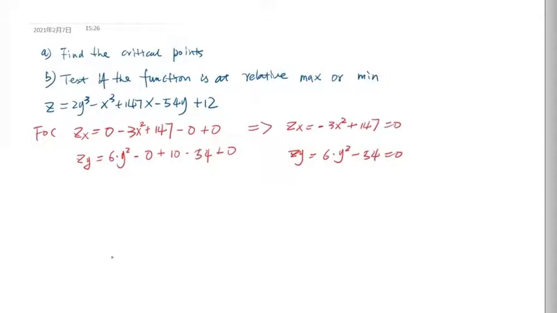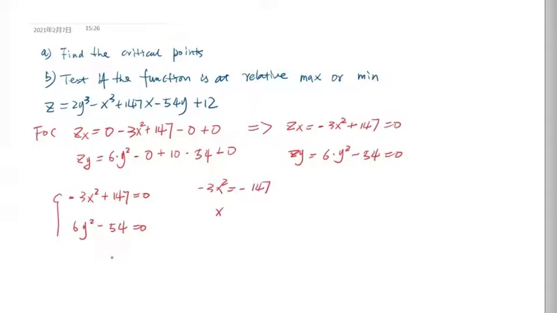We need to find the x and y, so I rewrite this one. Minus 3x to the power 2 plus 147 equal to 0, and 6y to the power 2 minus 54 equal to 0. For x, negative 3x to the power 2 is equal to negative 147.